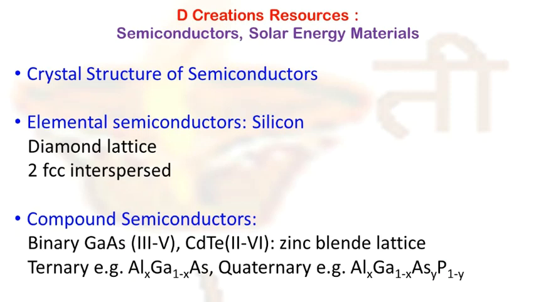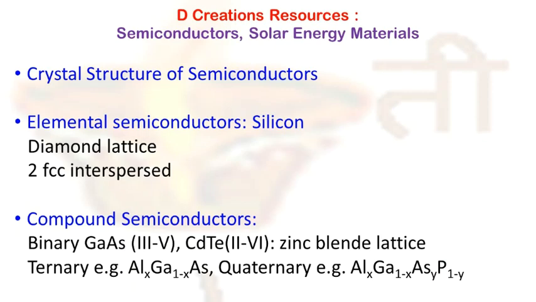For example, gallium will take the positions of atoms of the non-displaced FCC unit cell, and then arsenic will take the positions of displaced atoms. Together they constitute the unit cell of gallium arsenide, and in fact it's a zinc blende lattice. CdTe also has the same zinc blende lattice, though it's a 2,6 binary compound.